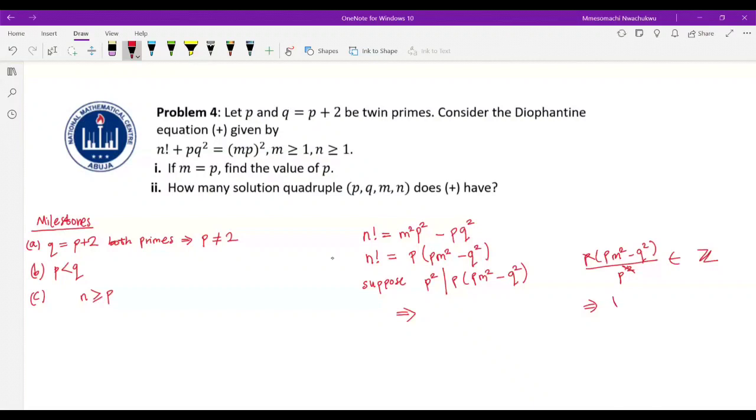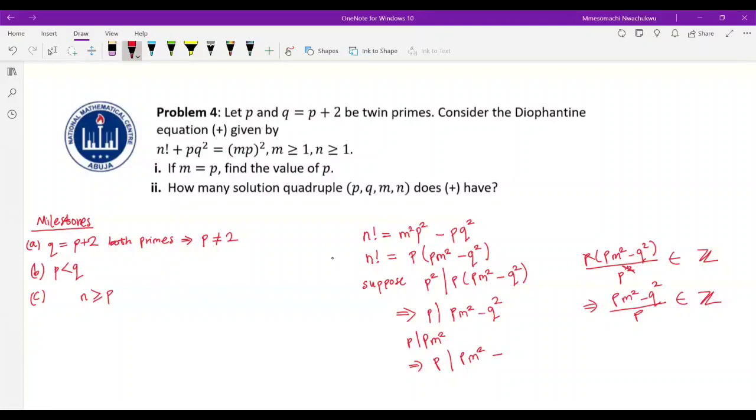It implies that pm squared minus q squared all over p is a member of integers. So this implies that p must divide pm squared minus q squared. Now we know that p divides pm squared, so p must divide the difference.